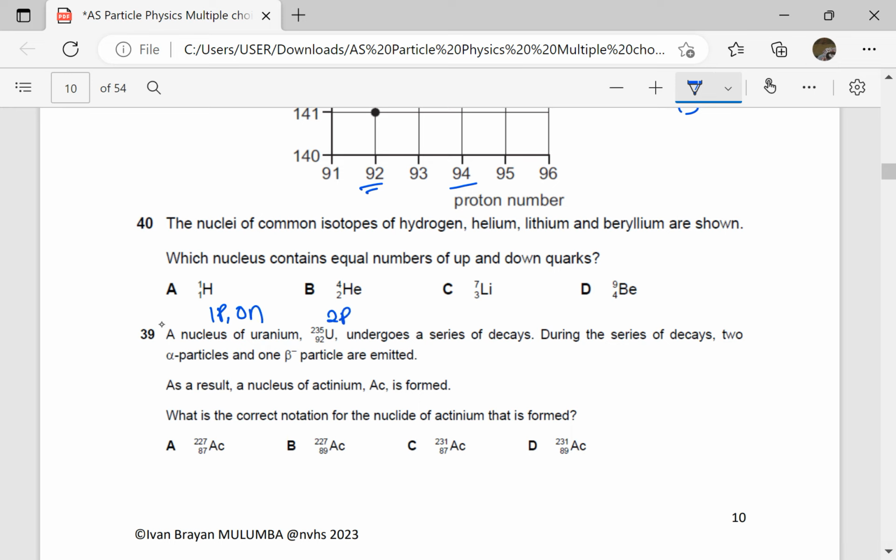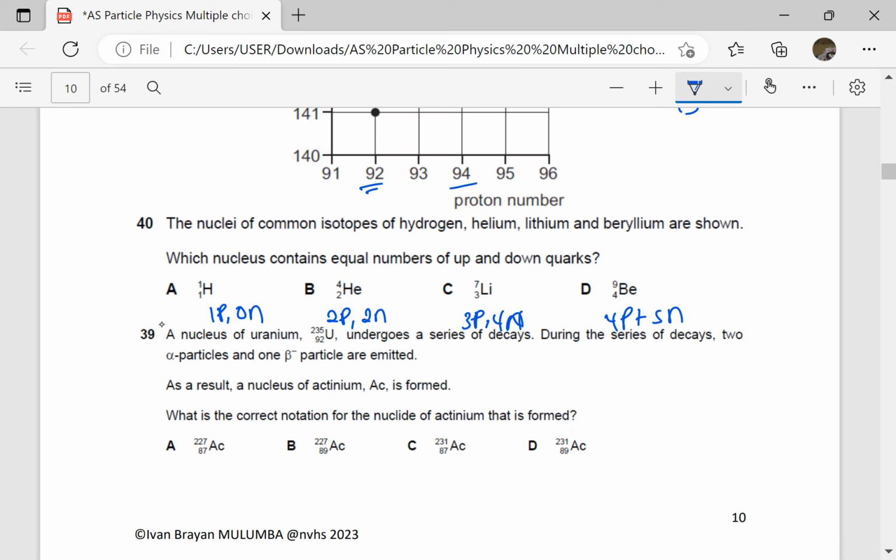Helium, those are 2 protons and 2 neutrons, because it is 4 minus 2, which is 2. Lithium, those are 3 protons and 7 minus 3, that is 4 neutrons. Beryllium, 4 protons, 9 minus 4, that is 5 neutrons.